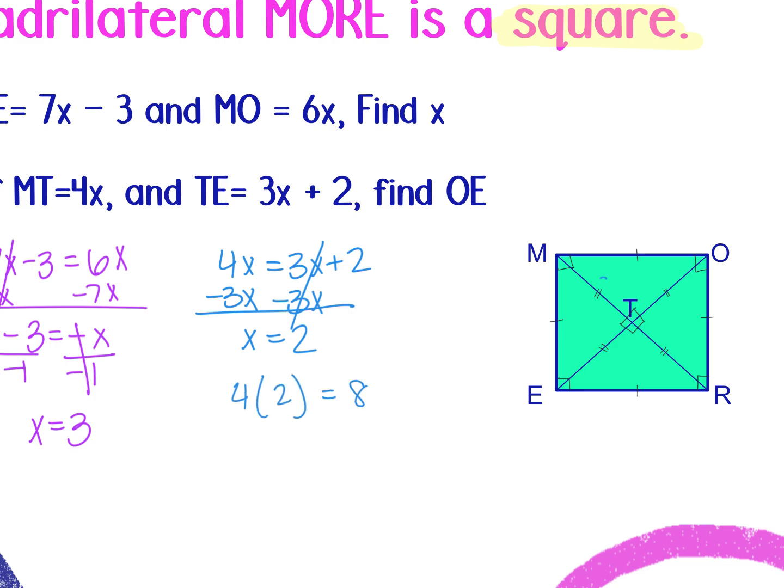So if MT is 8, all of my diagonal segments are going to be 8. Okay? They're congruent. So what is the measure of OE? 16. I'm going to have 8 plus 8 equals 16, so I know OE equals 16.